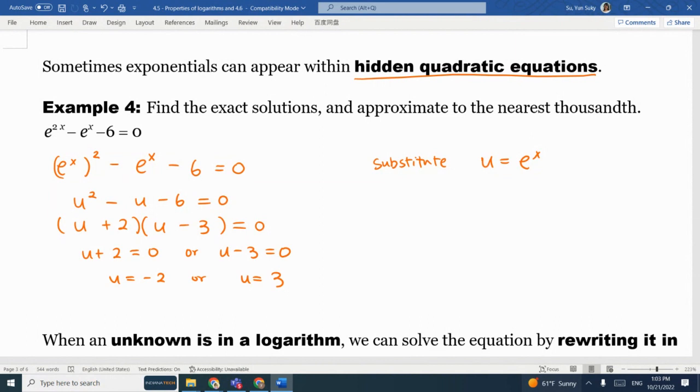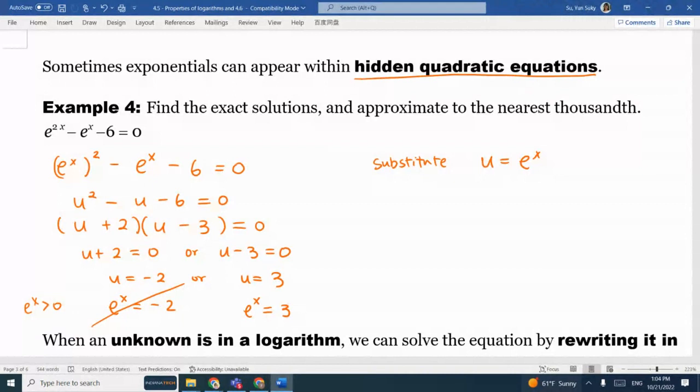Okay, are we done? No, we need to find x, right? What's u? e to the x. Can e to the x be negative 2? No, because it's always positive, right? And then e to the x, can e to the x be 3? Yeah. How do we get rid of the e?